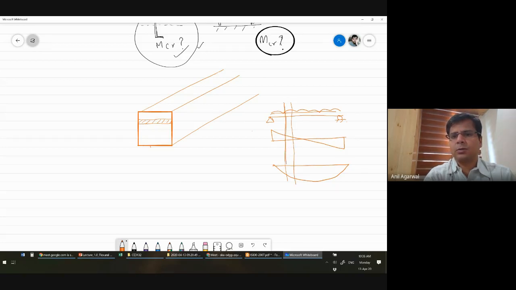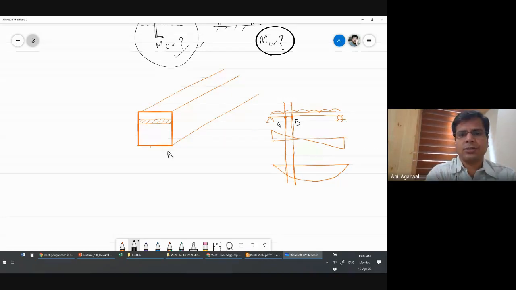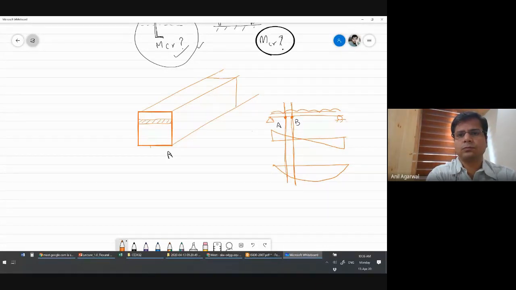I'm looking at a particular length of this beam. I'll call this point A and this point B. Point A is right here, and point B is here.